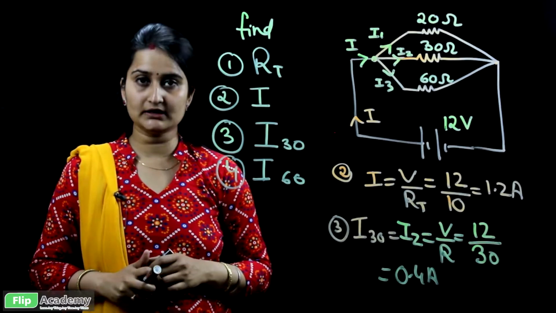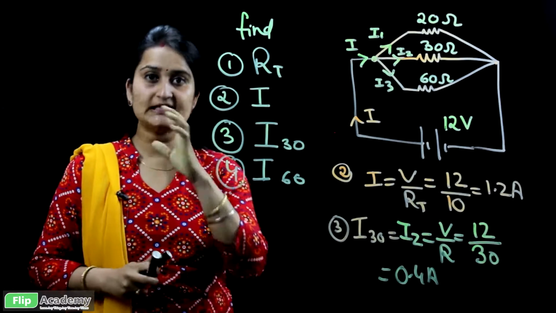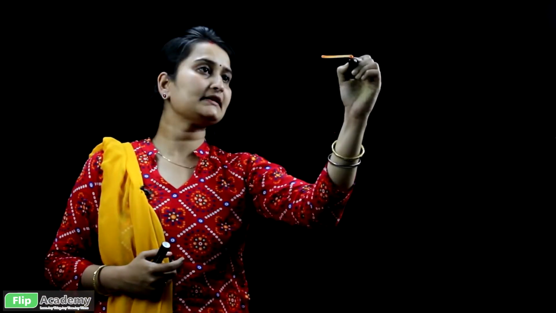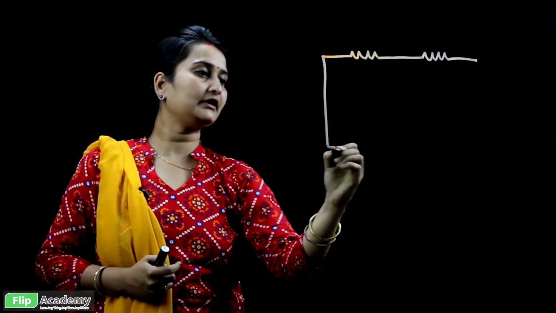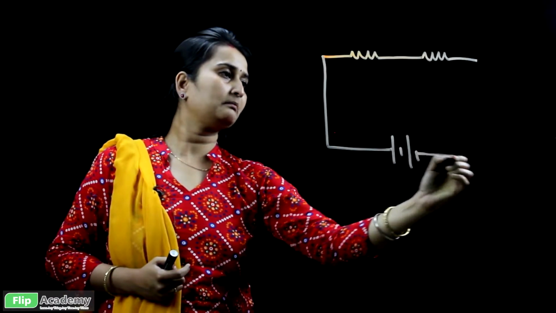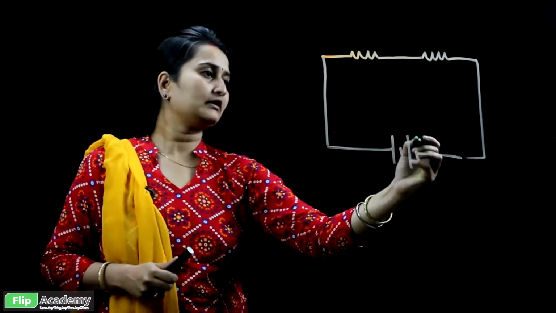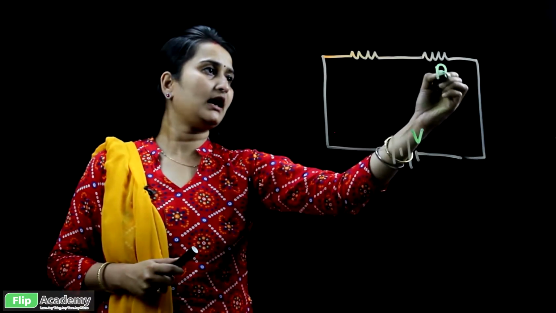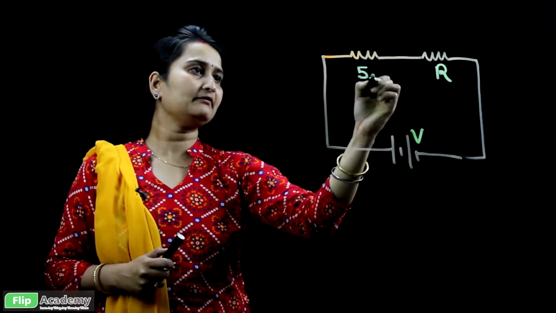Next, we come to another circuit in which the series combination is given. The next question is this: a series resistance, okay. We have connected it by means of a power supply. Now, the voltage is V, the resistance is R, and there is a 5 ohm resistor.